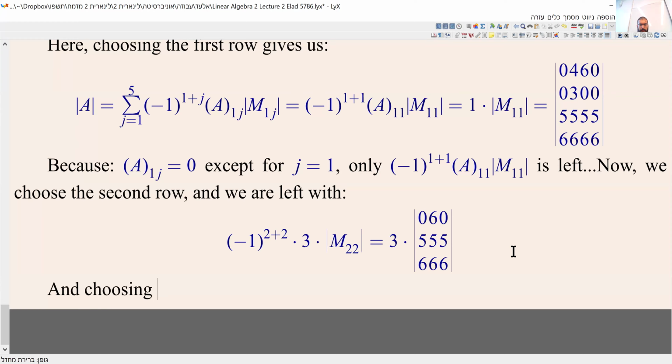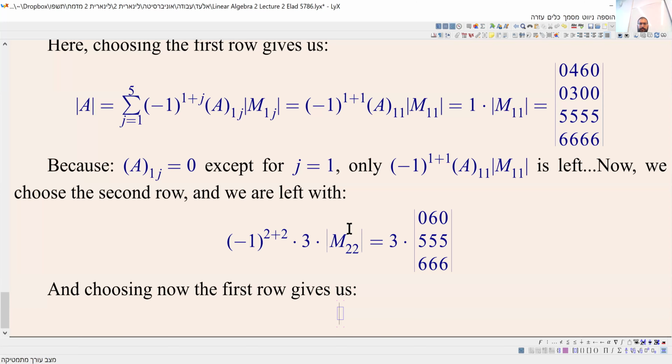And choosing now the first row gives us 3, which was already here from the previous step of the calculation. 6, let's say it's -1 to the power of 1 plus 2, because it's the element in the inverse of 1, 2.